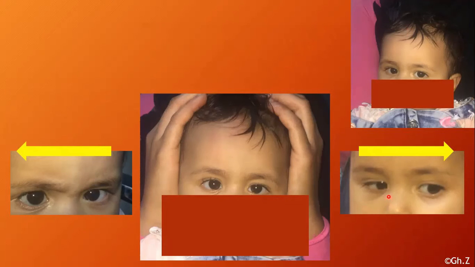But how about abduction? Looking to the right, there is limitation in the abduction. So we have limitation in abduction, normal adduction with narrowing. So this is a Duane type 1 in the right eye. In type 1, we will get an ipsilateral face turn. And since this is the right eye Duane, as you can see in this top photo, we have a right face turn.